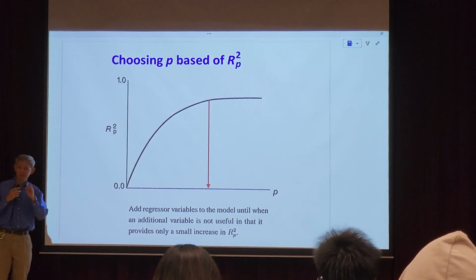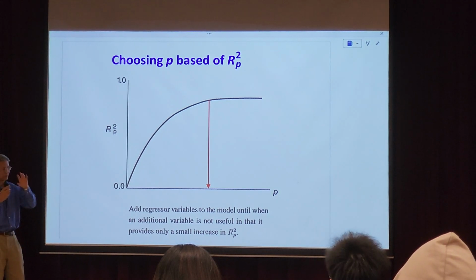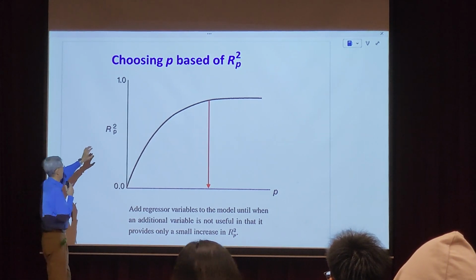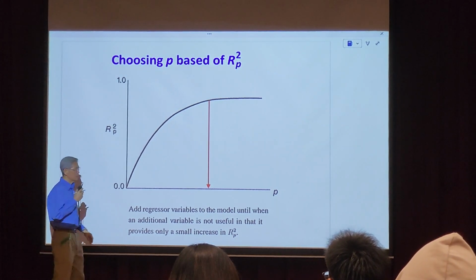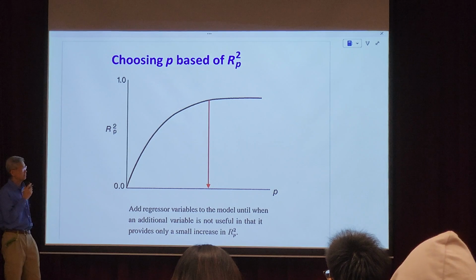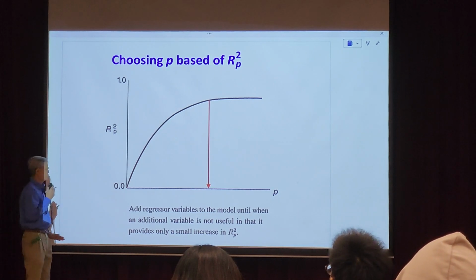You see, what we want is a regression model with a large R squared. But at the same time, we want to keep the number of regressor variables small.